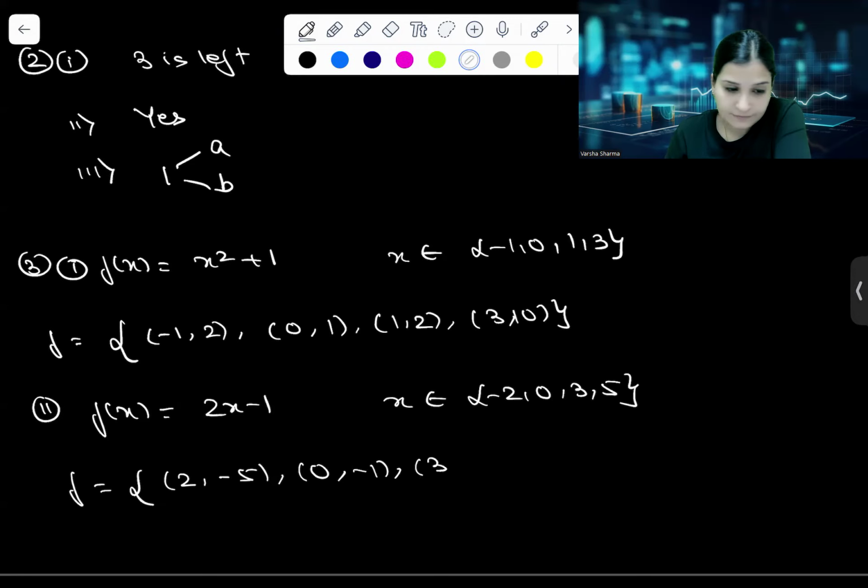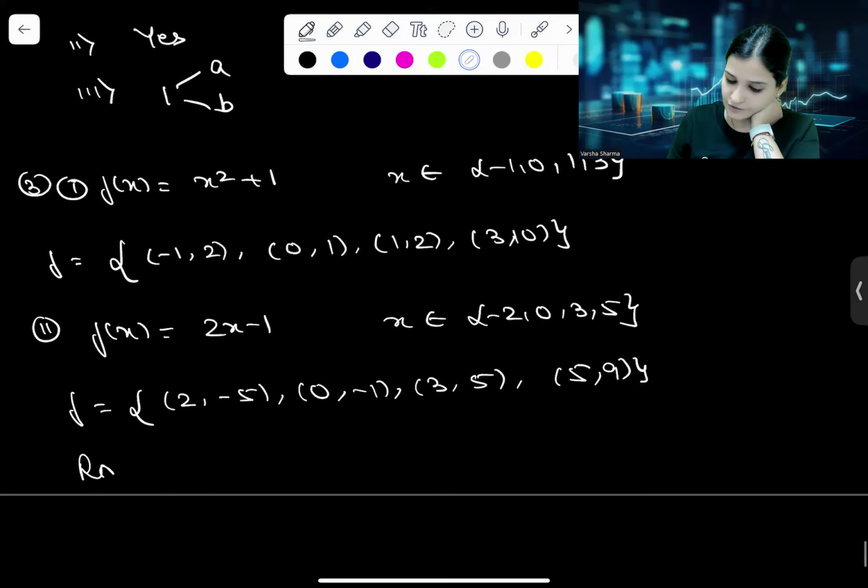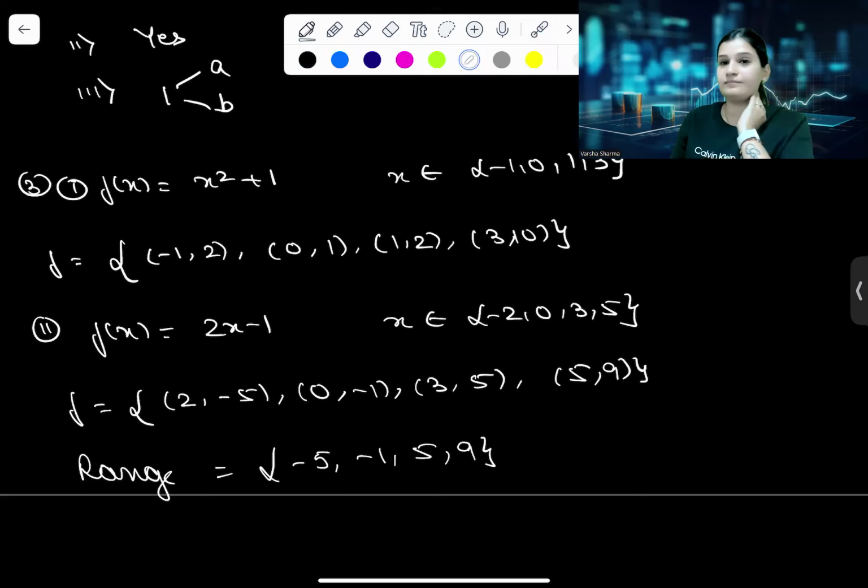If I take x as 3, 5. If I take x as 5, 9. So the range would be minus 5, minus 1, 5, 9. Range is all the y coordinates here: minus 5, minus 1, 5, and 9.